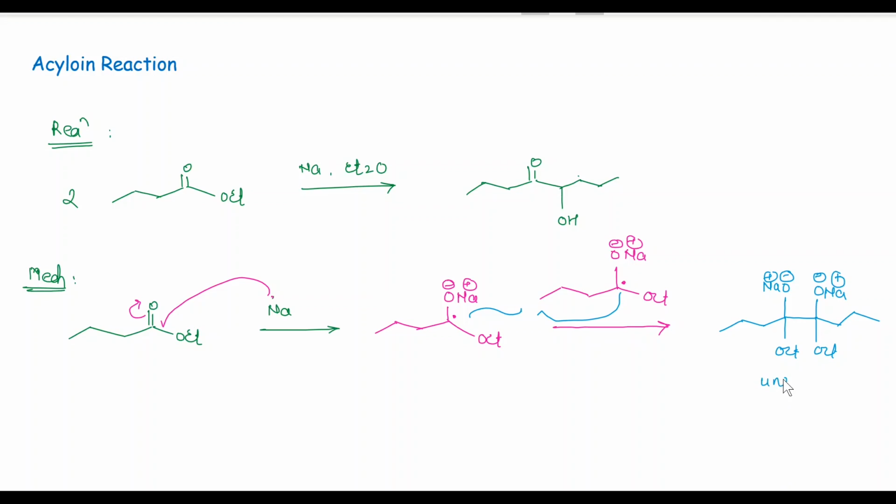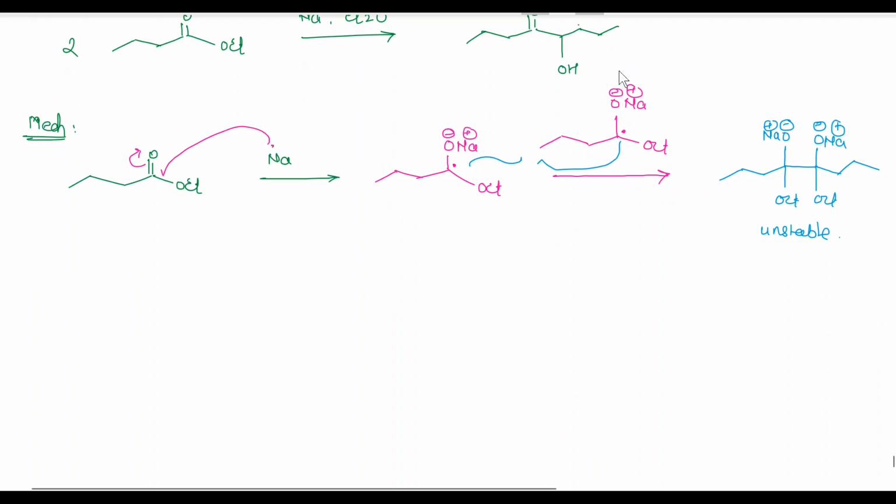This is unstable. So in next step, this negative charge delocalize as loss of OR take place, and we get this 1,2 diketone.